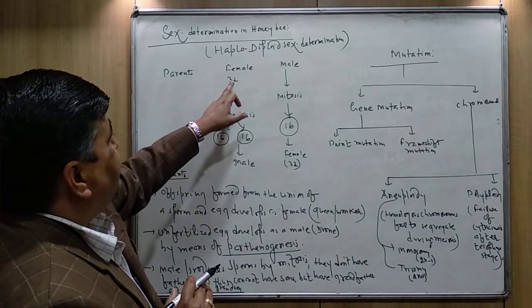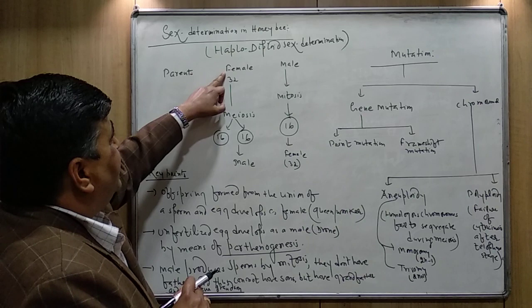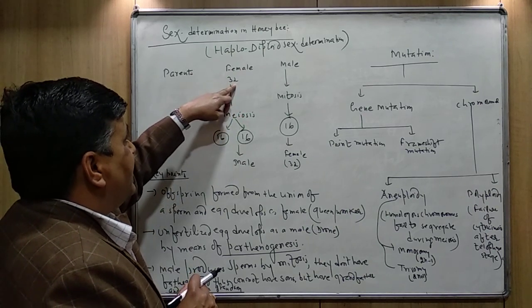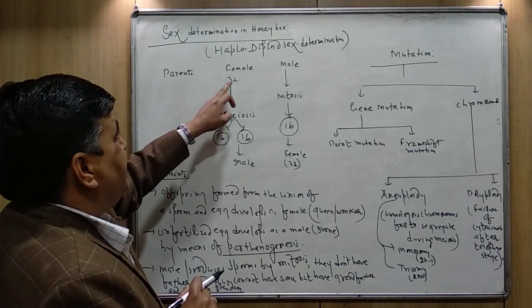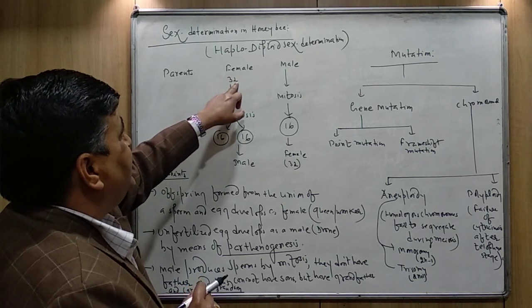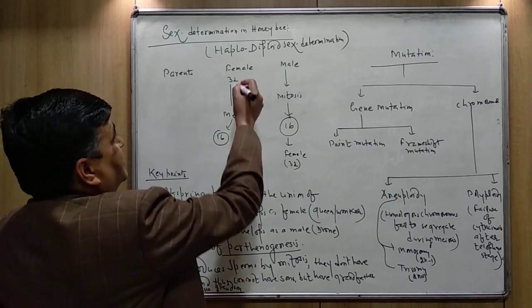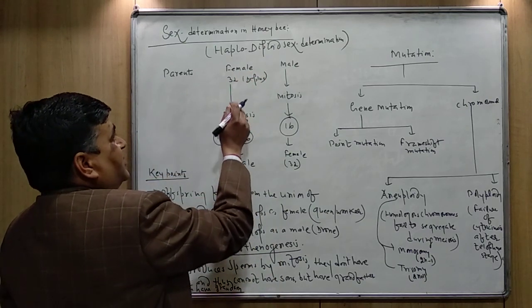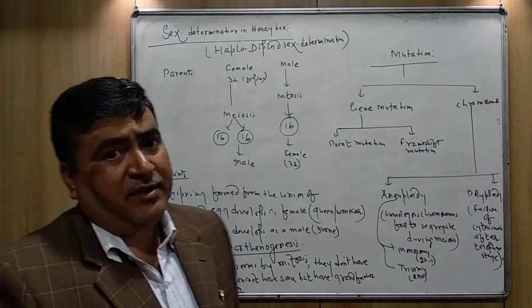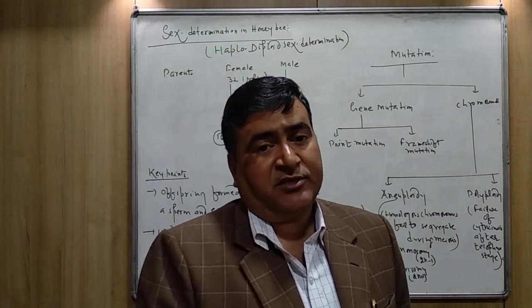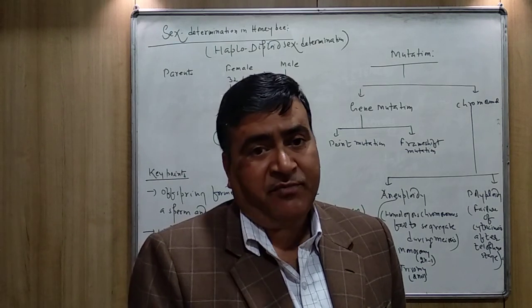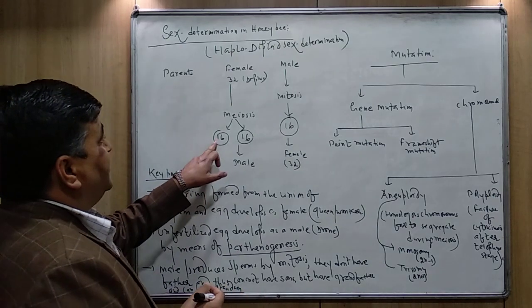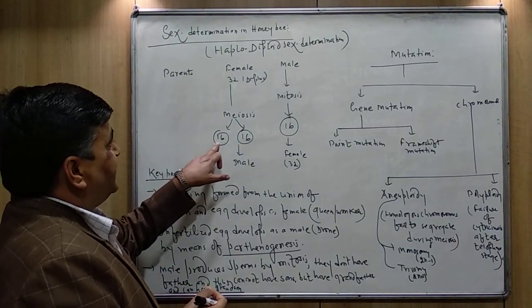You can see here the female, it means how many chromosomes are there? 32. Because 32 is the diploid number of chromosomes, during the process of gamete formation, the gametes are produced by meiosis division.